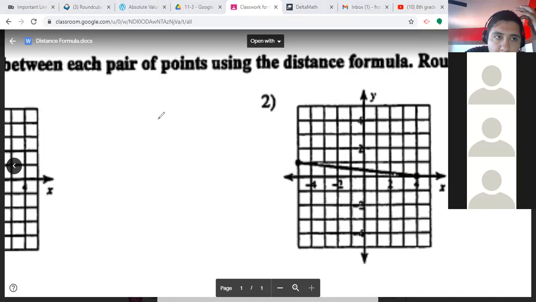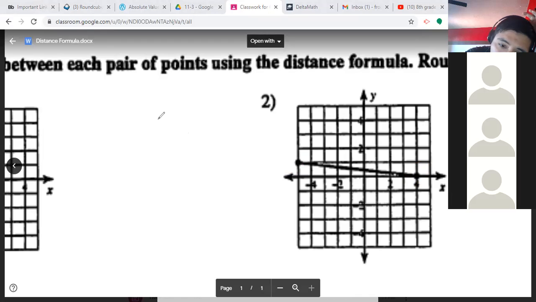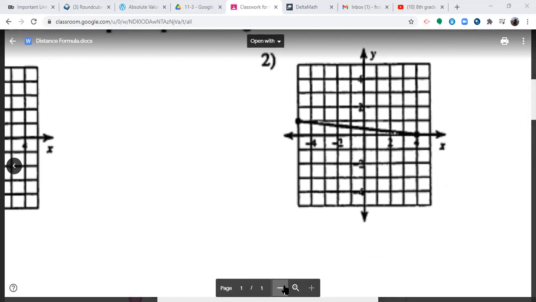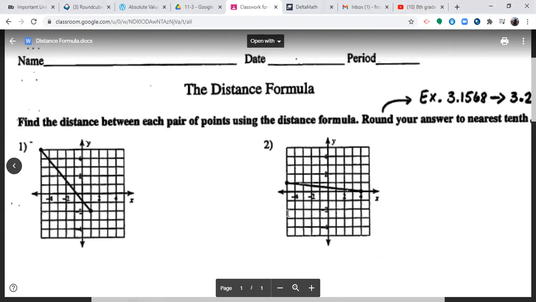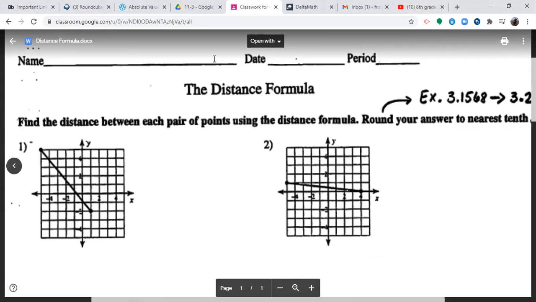Give me a second. Here, so this should be, let's see, this is 1 and -2.